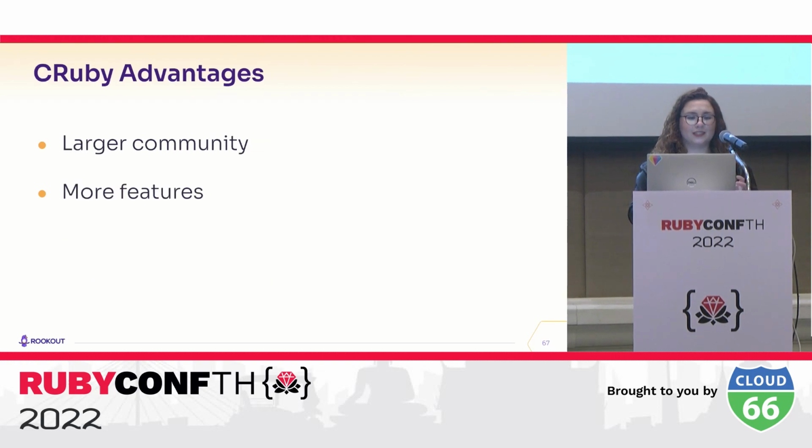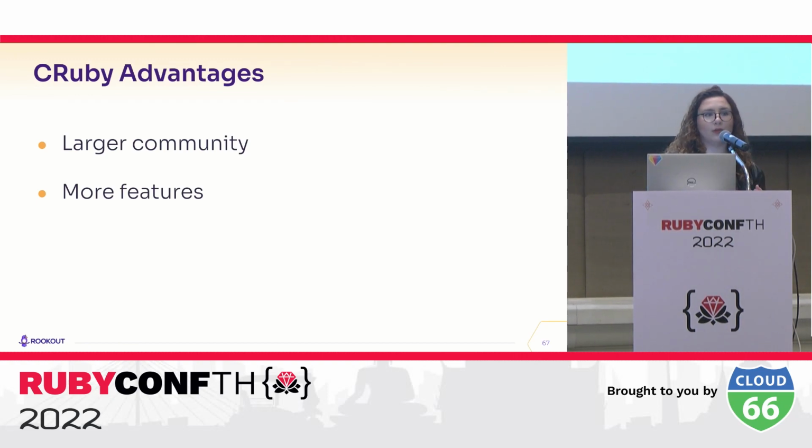On the other hand, CRuby does have its advantages. Most of CRuby's advantages come from a larger community. Because, as I said, with a larger community, people talking in the community makes the community stronger, and that makes the projects and the tools in the community stronger. Because there are more people, more features can be developed, and things can be developed and moved faster.